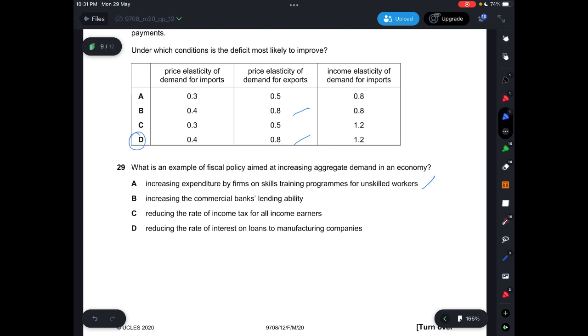This is supply side policy. B says increasing the commercial banks' lending ability. This should be under monetary policy. C says reducing the real income tax for all income earners, which is correct. D says reducing real interest rates. This is under monetary policy, so the answer is C.